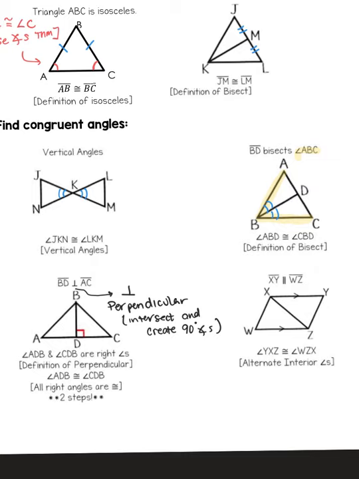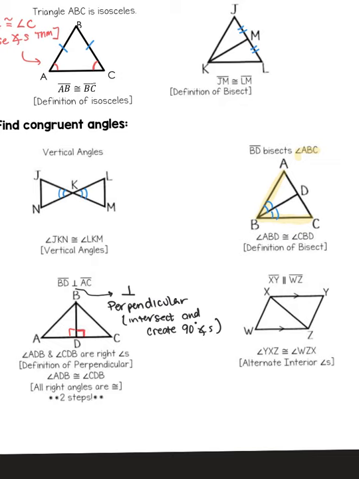So our given information says BD is perpendicular to AC. If those lines are perpendicular, it means that they meet and intersect to create right angles.